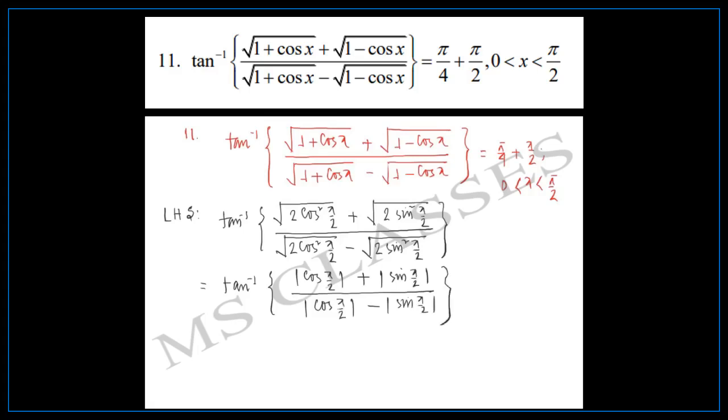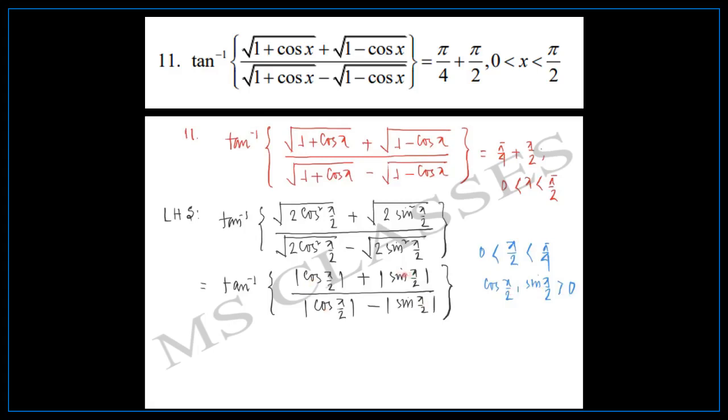Now the interval which is given to us is x greater than 0 less than pi. Now from here x by 2 will be greater than 0 less than pi by 2. Now here cos x by 2, sin x by 2 are greater than 0, since x by 2 lies in the first quadrant. If both the numbers are greater than 0, the mod of this one we can write cos x by 2, and mod of this one sin x by 2.